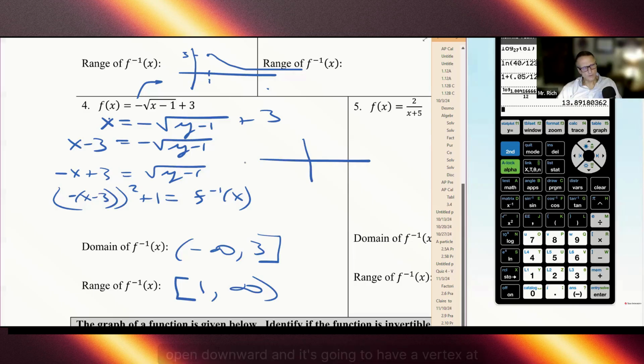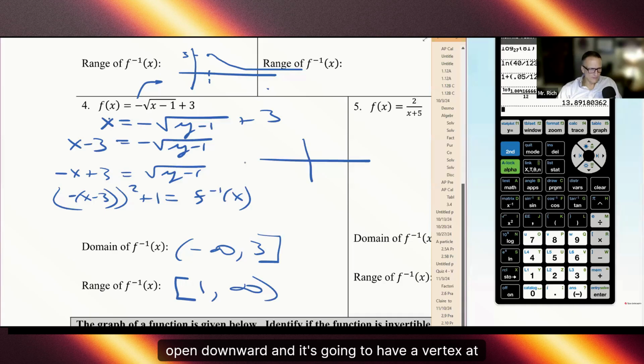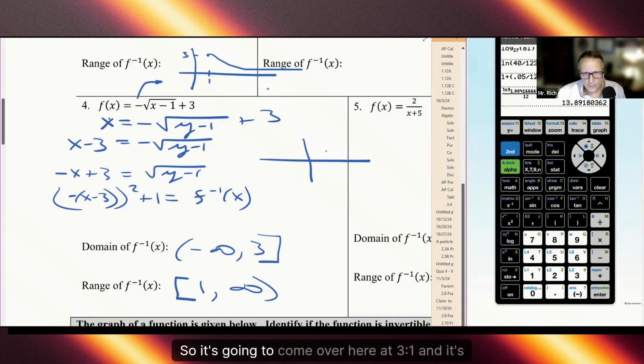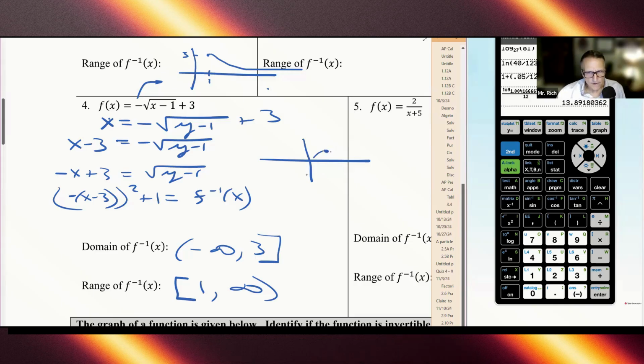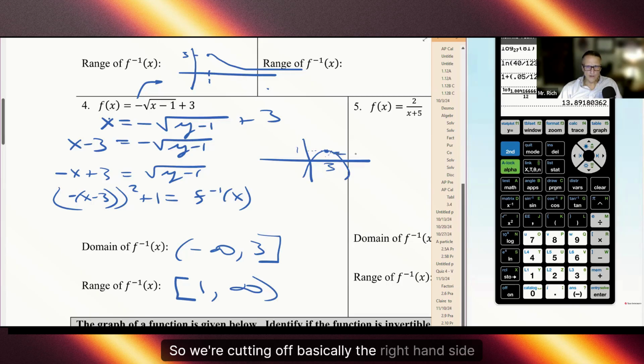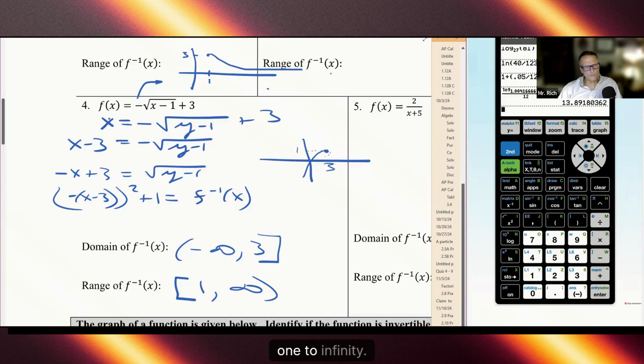It has a vertex at 3, 1, and I first thought it opens downward. The domain will be from negative infinity to 3, so we're cutting off the right-hand side. Negative infinity to 3 is the restricted domain, and the range is going to be from 1 to infinity.